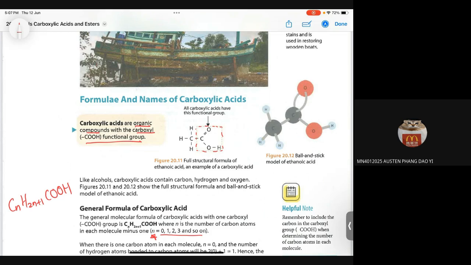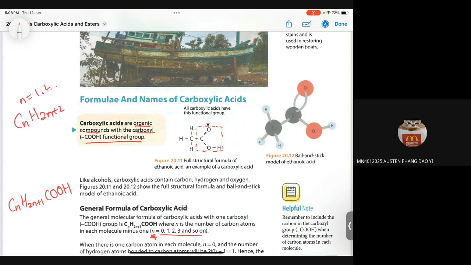Why the general formula, the n cannot start? You see, when we do our general formula for alkanes, the n starts at 1 onwards, right? But for this one here, you realize n starts from 0. Why? Why n cannot be 1?